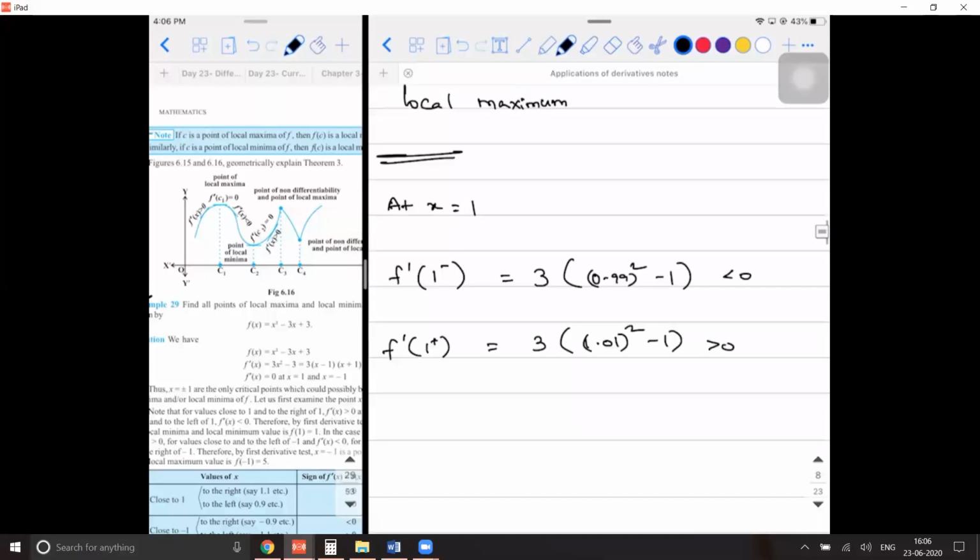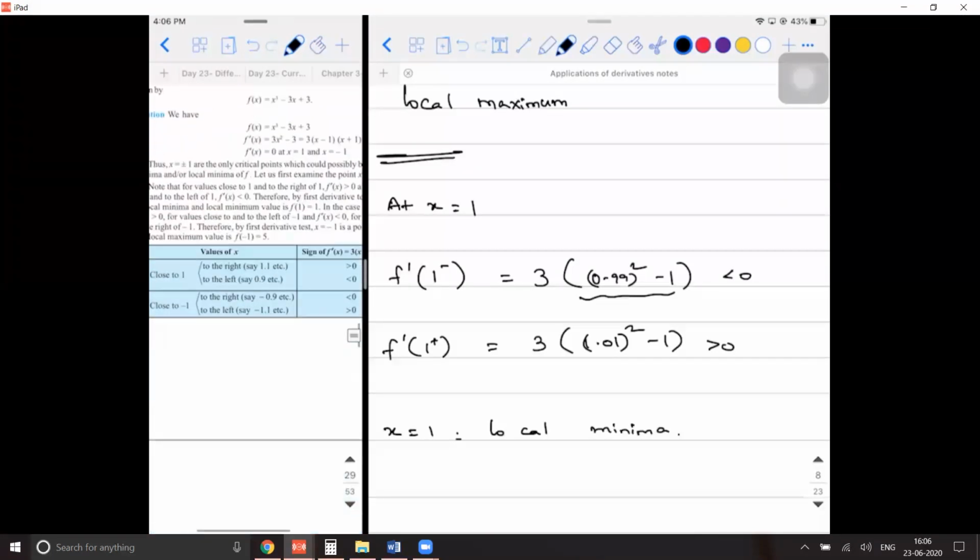I hope you understood. You need not sit and calculate, so don't be scared of taking numbers. Take it very close so that you have an approximate guess. It is changing from decreasing to increasing, so it will be a point of minimum. X = 1 is a point of local minimum. I hope you understood.